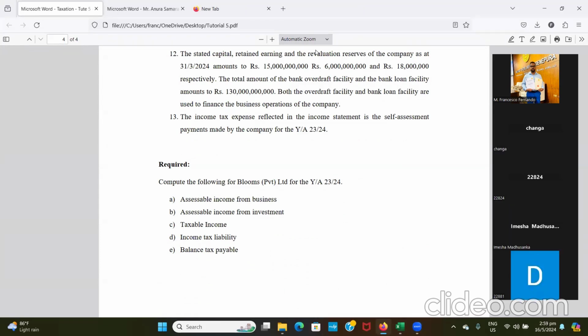The stated capital, retained earnings, and the revaluation reserves of the company as at 31/3/2024 amount to rupees 15.3.3.3, 6.3.3 and 10.3 respectively. The total amount of the bank overdraft facility and the bank loan facility amounts to 130. Both the overdraft facility and bank loan facility are used to finance the business operations of the company.